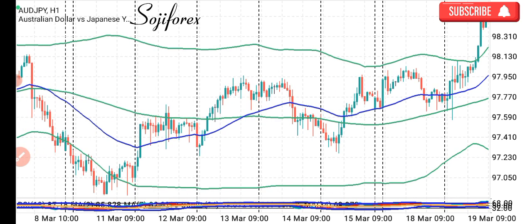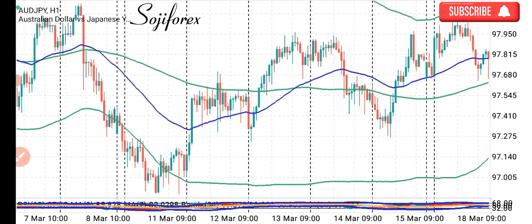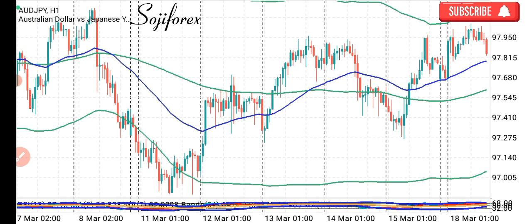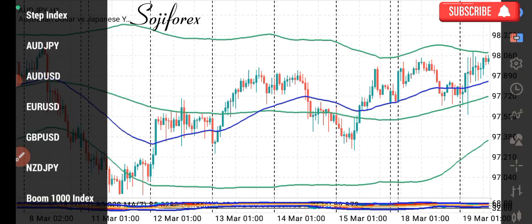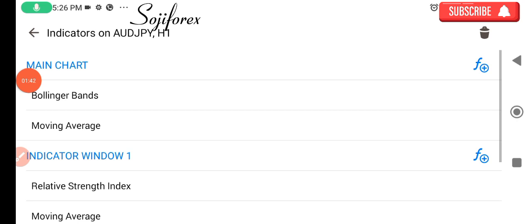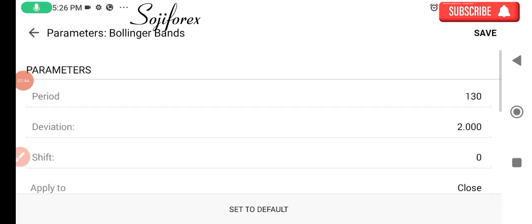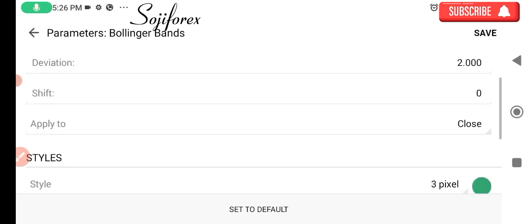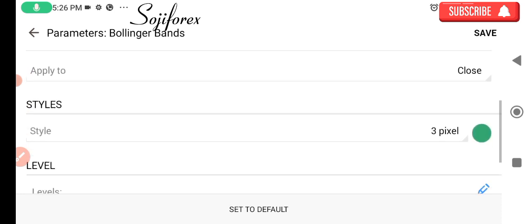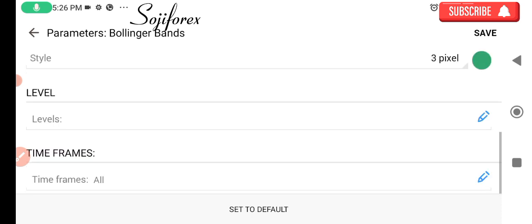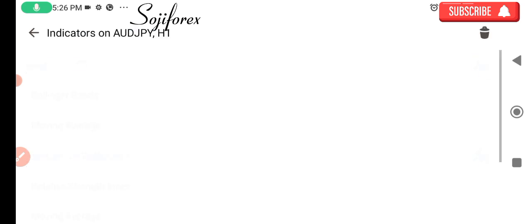On my chart, we are seeing a combination of two indicators. The first indicator is our Bollinger Band. The period is 130, deviation is 2.0, the shift is 0, apply to close, 3 pixels, and the color is green.